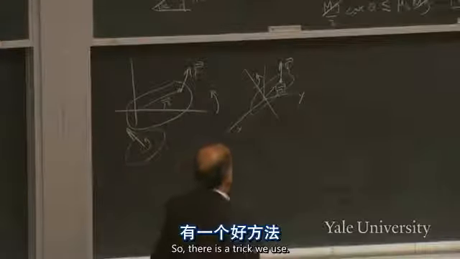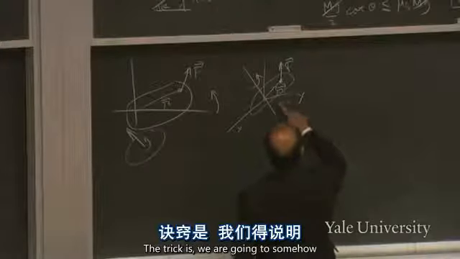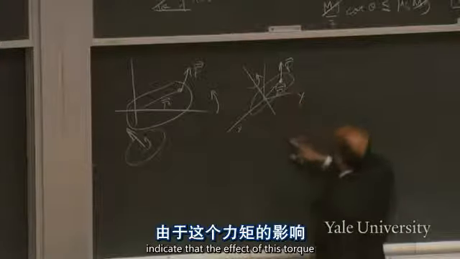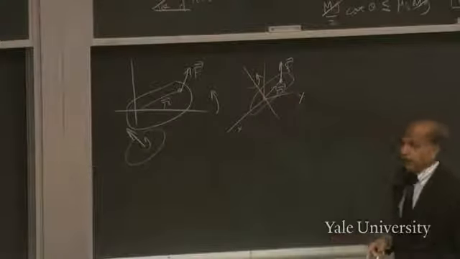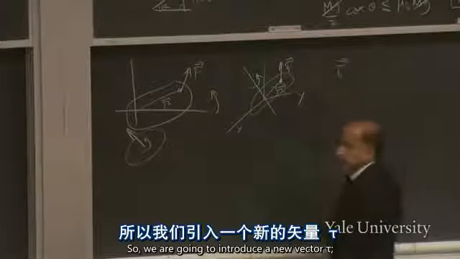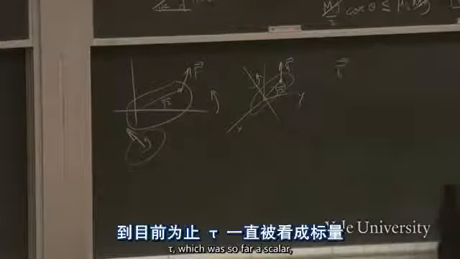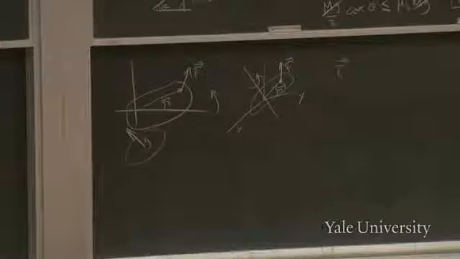So there is a trick we use. The trick is, we are going to somehow indicate that the effect of this torque is to produce a rotation around that axis. So we are going to introduce a new vector, tau. Tau, which was so far a scalar, is going to be now promoted to a vector.